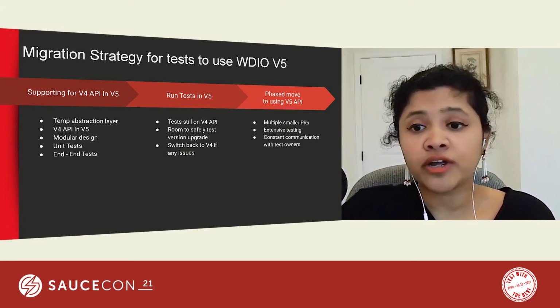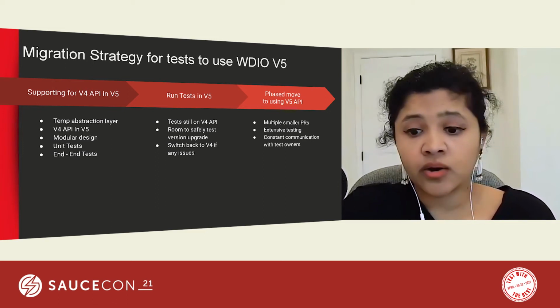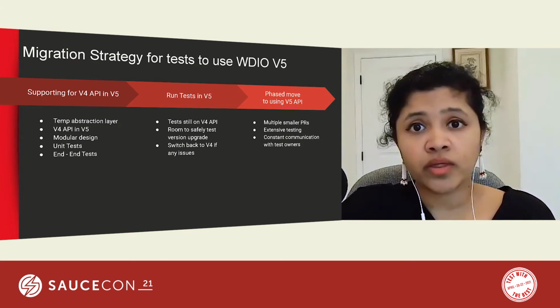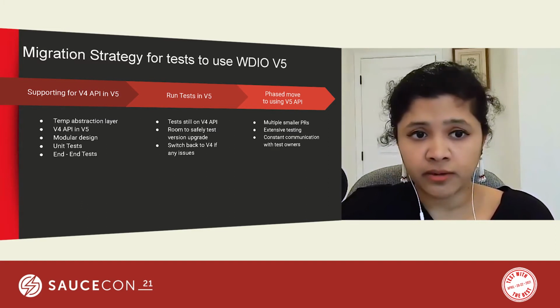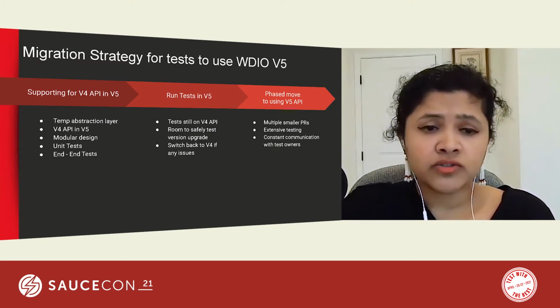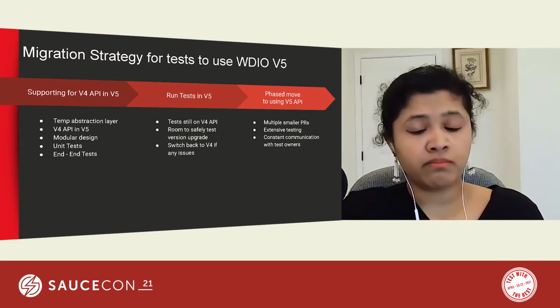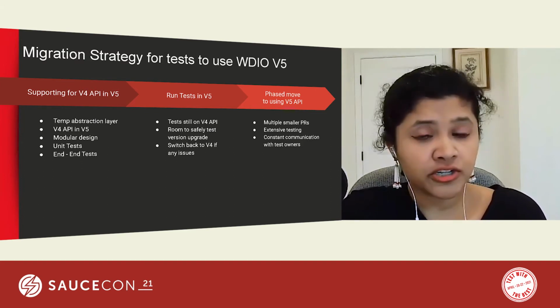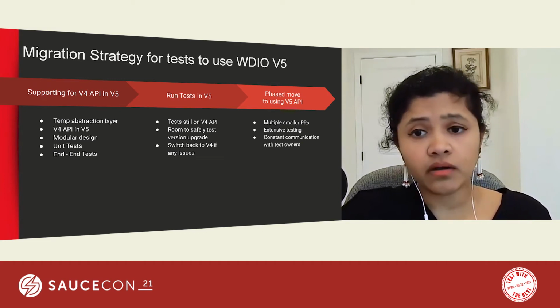We were able to create multiple pull requests and do extensive testing. We were in constant communication with the test owners and gradually moved all the tests from using the V4 API to the V5 API. And just a quick fact as to why we chose not to pick a more permanent abstraction layer: our partners wanted transparency.